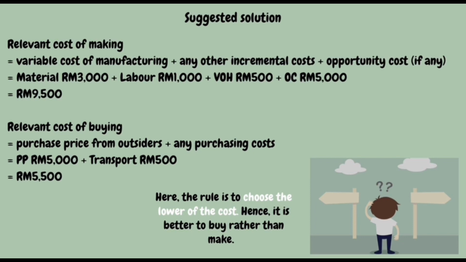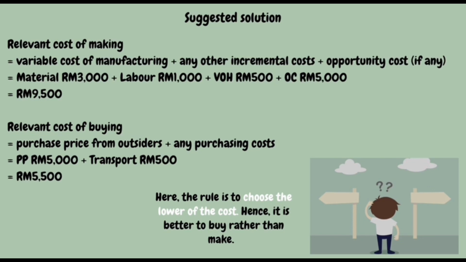Variable cost of manufacturing consists of material 3,000 ringgit plus labor 1,000 ringgit and plus variable overhead 500 ringgit and plus opportunity cost which is 5,000 ringgit, and the total for relevant cost of making is 9,500 ringgit. And for the next step is to calculate the relevant cost of buying.